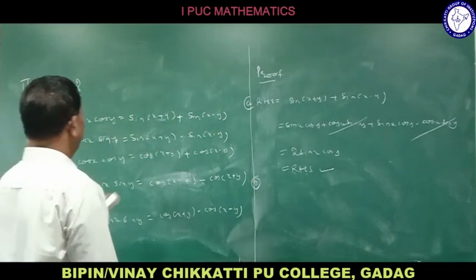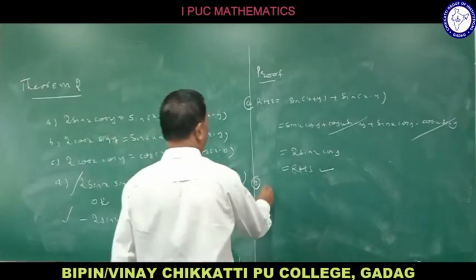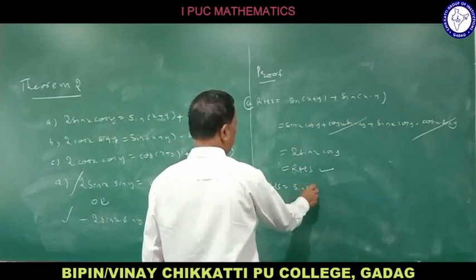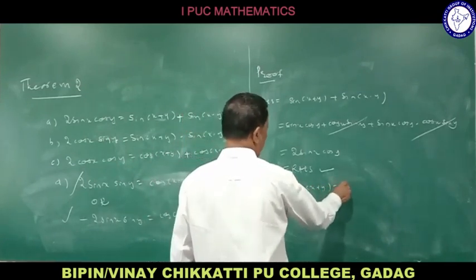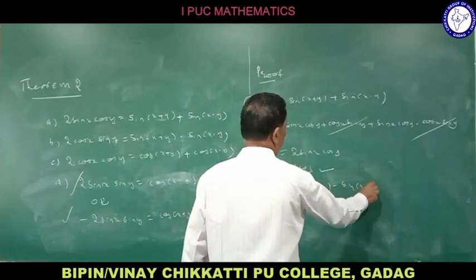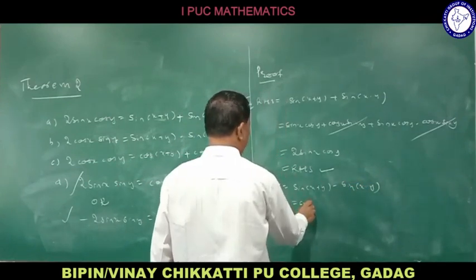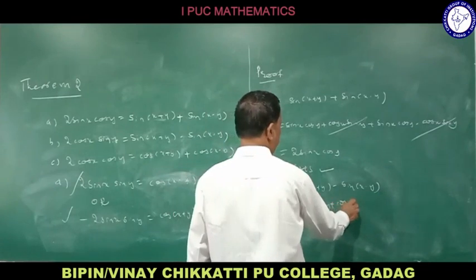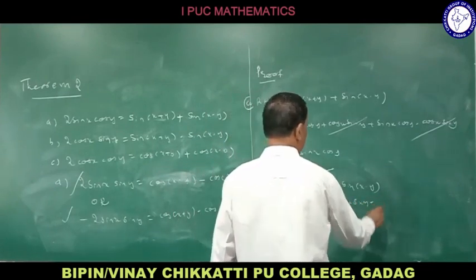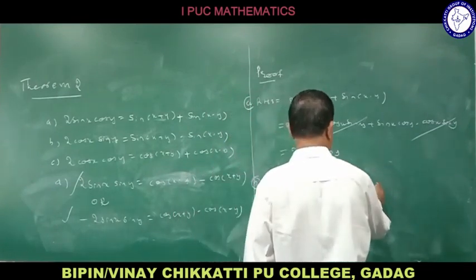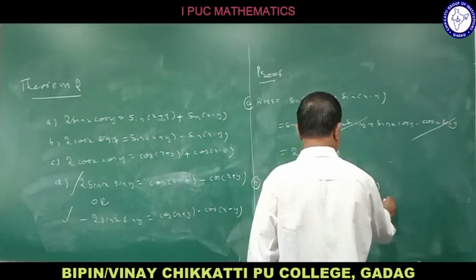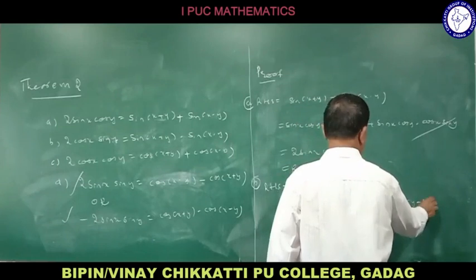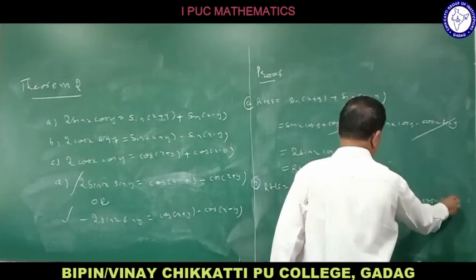Now B I want to prove like this. What is B? Sine of x plus y, RHS: sine of x plus y minus sine of x minus y. What comes, you see? Sin x cos y plus cos x sin y minus, sine of x minus y is what? You keep it in the bracket: sin x cos y minus cos x sin y.